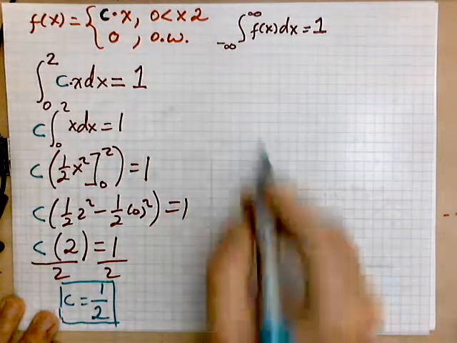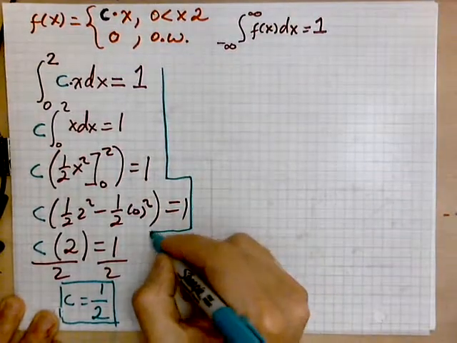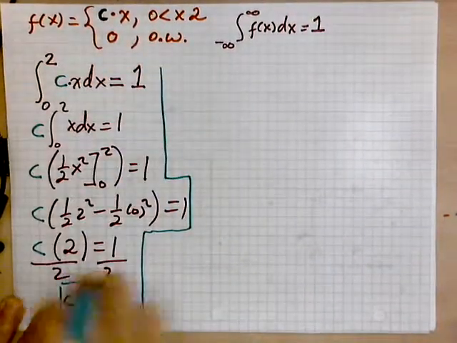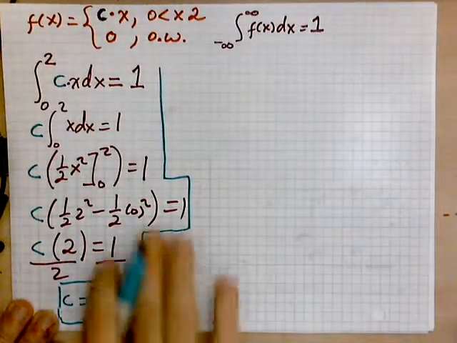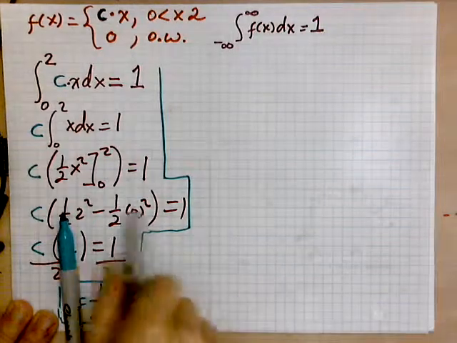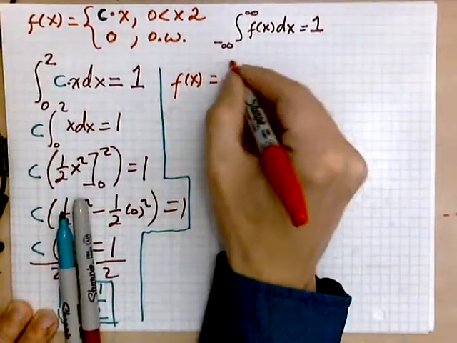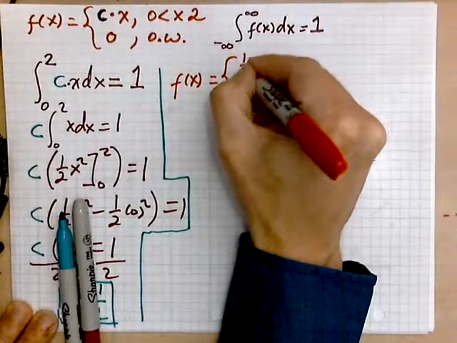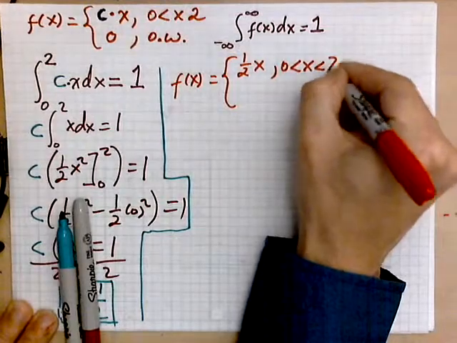So this means the following. Let me separate our work here. Okay, so this is complete. Step 1, you have found c. Step 2 now, let's rewrite this function so it's more concrete. Which means f of x, now we know that this equals a half of x between 0 and 2.